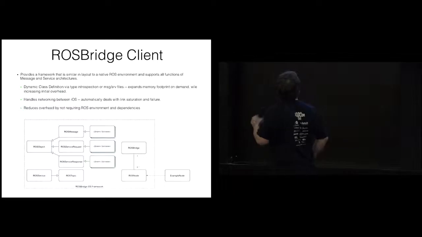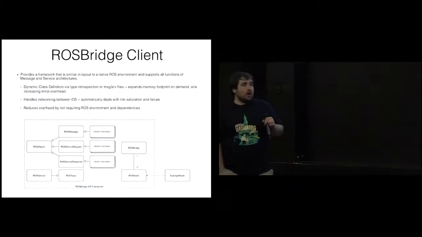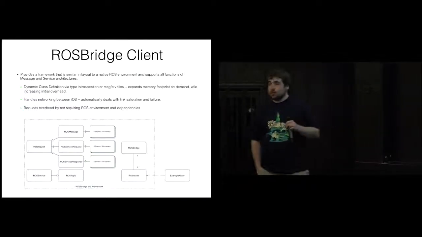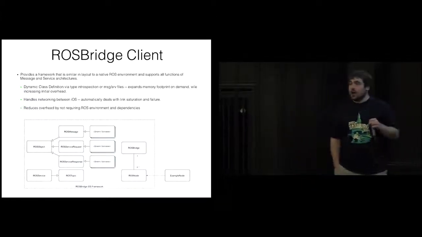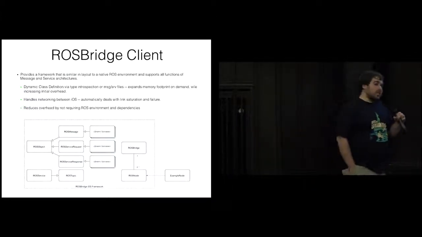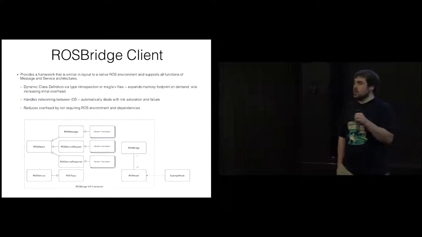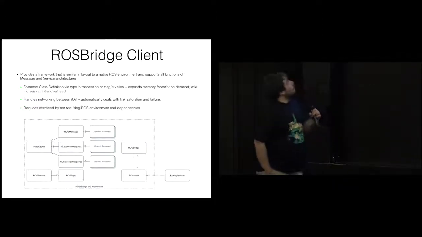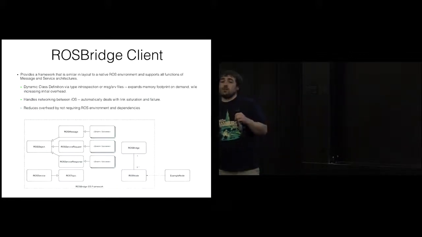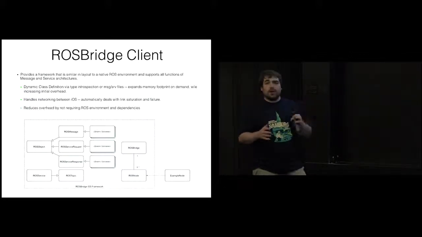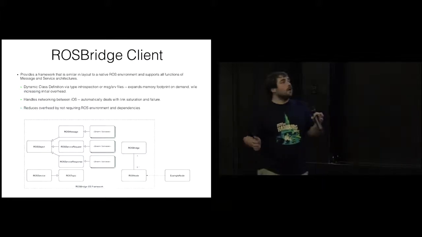There are two parts to this software. One is the ROS Bridge client library, which provides access to the ROS environment, the message passing architecture, and the servicing infrastructure. It provides dynamic class creation, so the memory footprint is only expanded on demand.